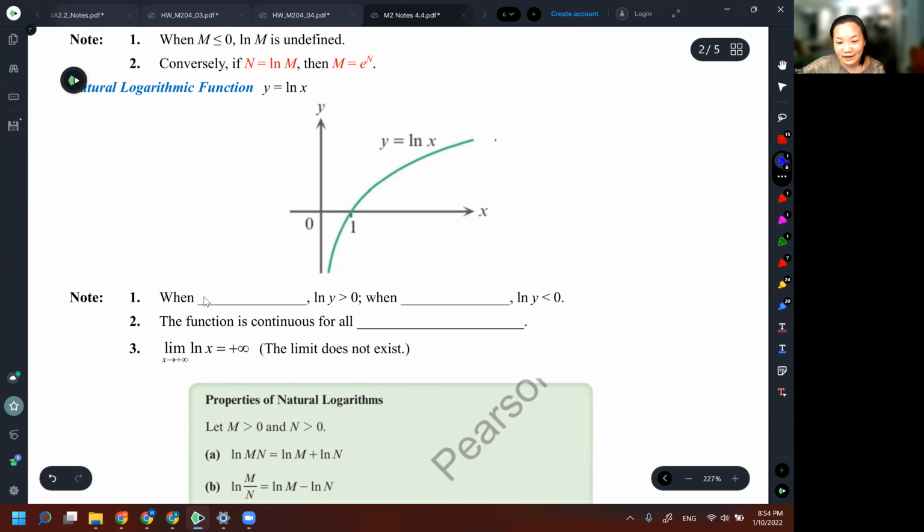Now, I think you should answer this question because we just studied graphs, right? Let me change this a little bit. It's not log y, it's y.